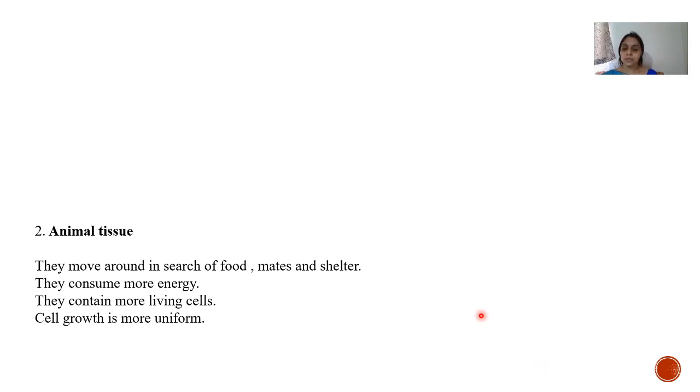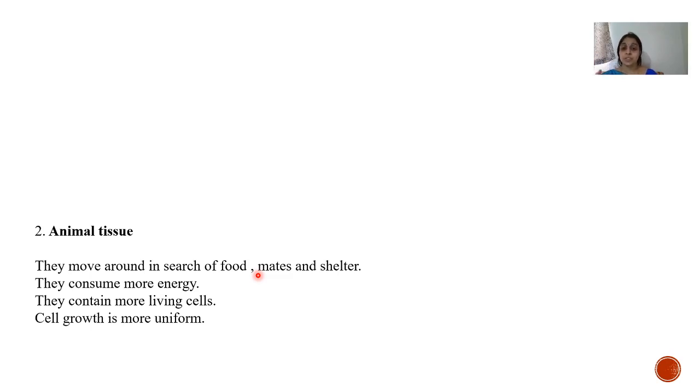And coming to animal tissue, animals move. They are mobile in nature. They move around in search of food, mates, and shelter. They consume more energy. They contain more living cells, and the cell growth is more uniform. They don't have a sort of cells which grows throughout their life in a particular region.